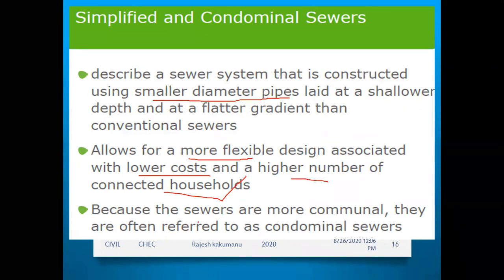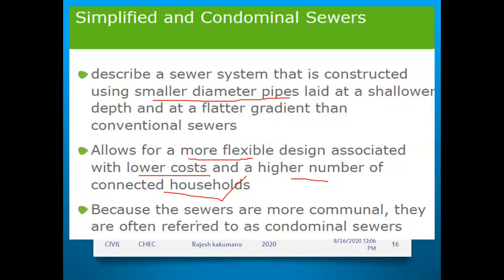Next, because the sewers are more communal, they are often referred to as condominal sewers, because these sewers are often flexible and we can work along with the flow depending upon the application. These are more communal and friendly, so these can be treated as condominal sewers also.